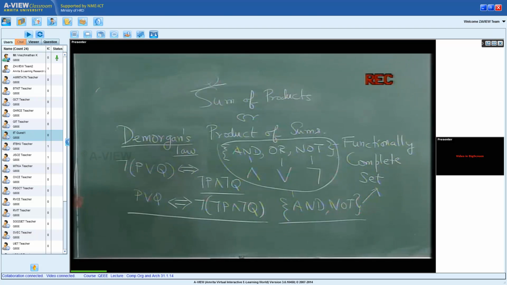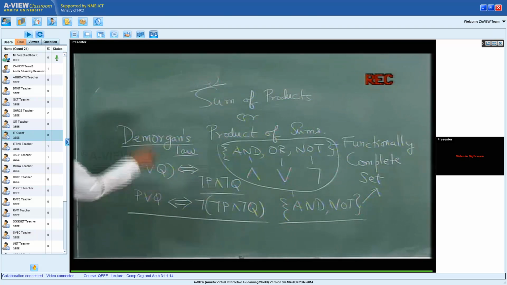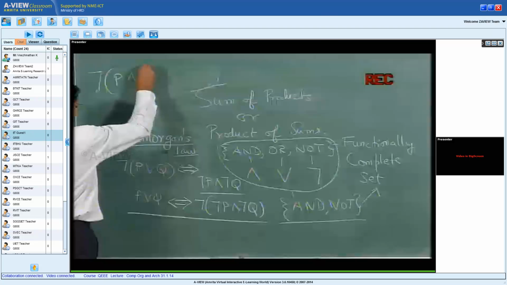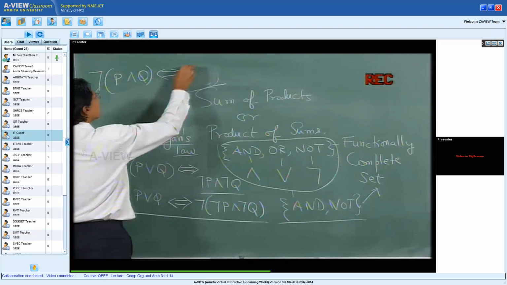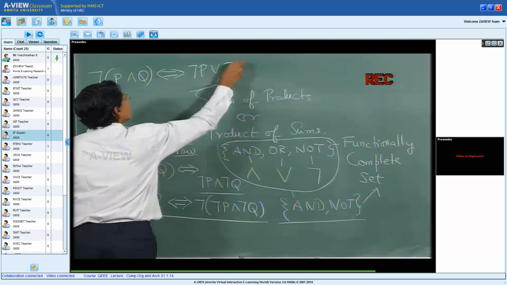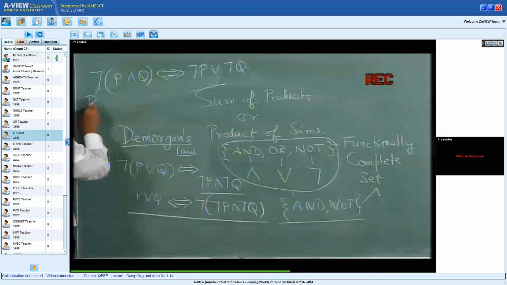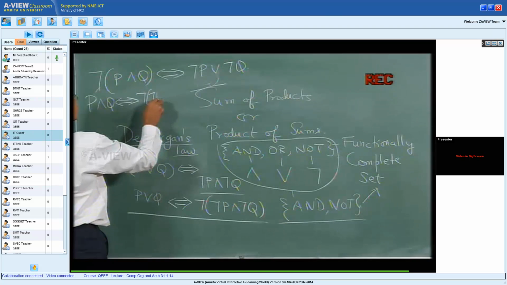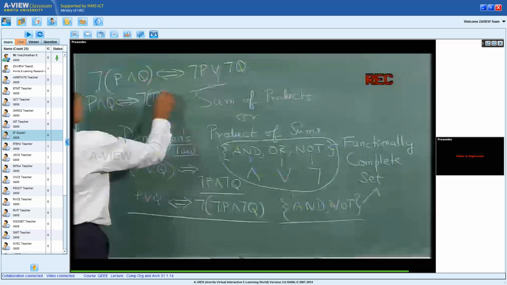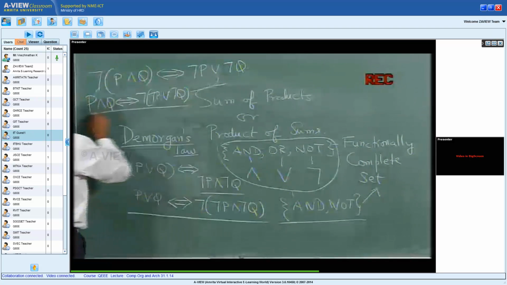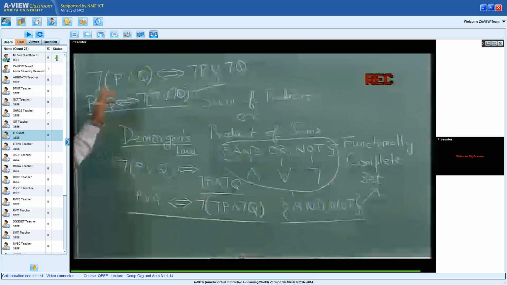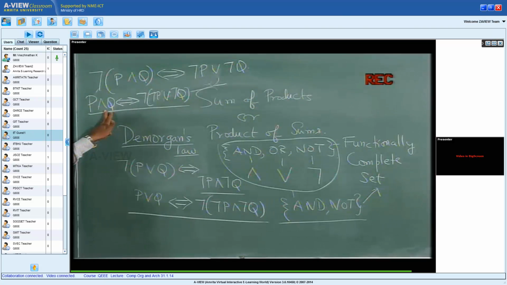Similarly, the other part of De Morgan's law states that not of P and Q is equivalent to not P or not Q. In other words, P and Q is equivalent to not of not P or not Q. By this we understand that the AND function can be realized using just NOT and OR.